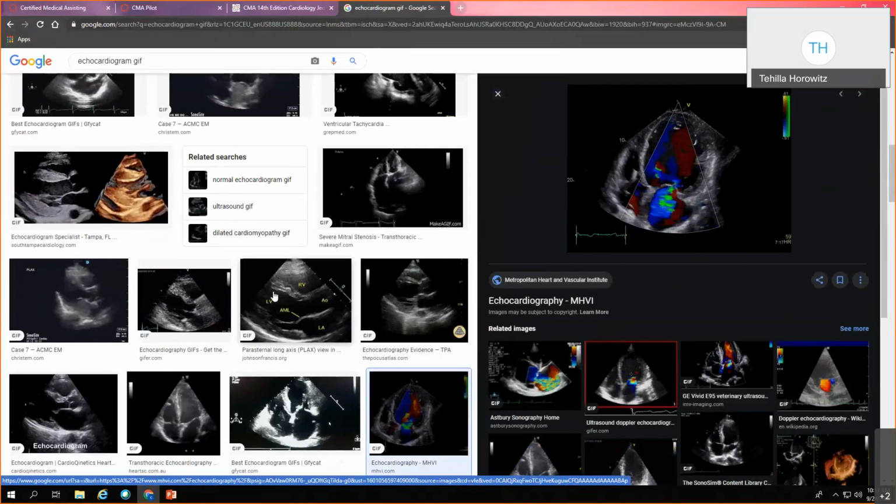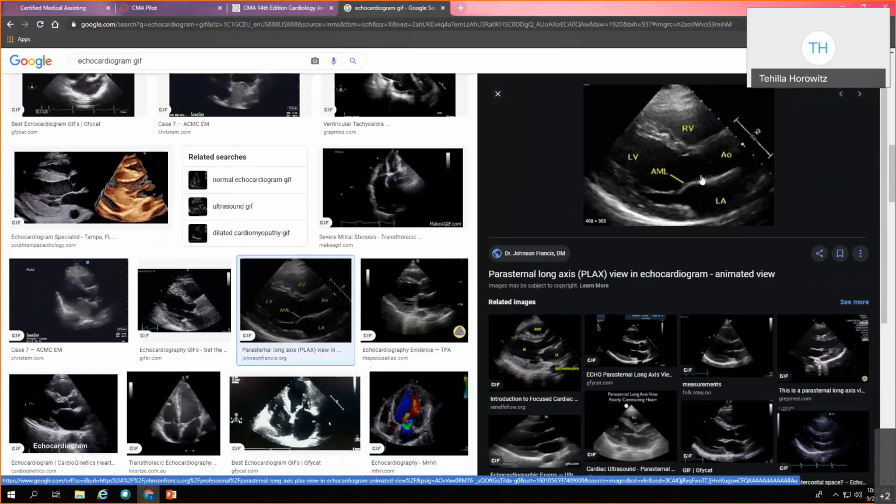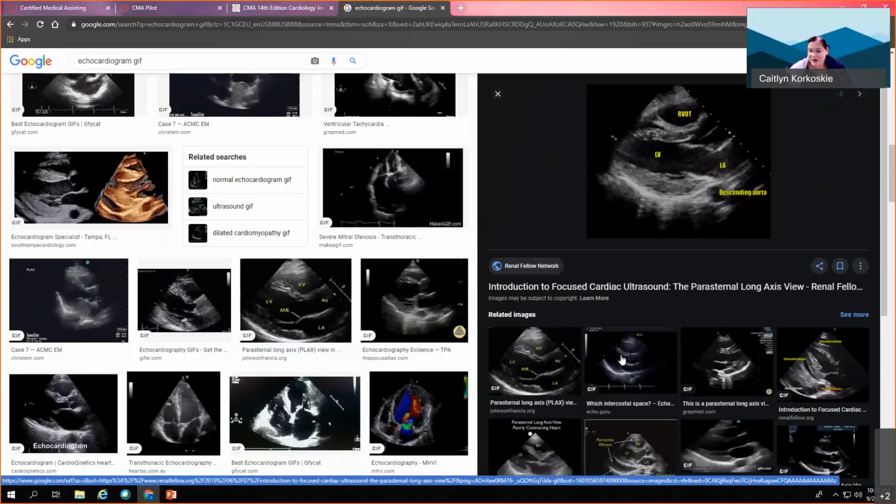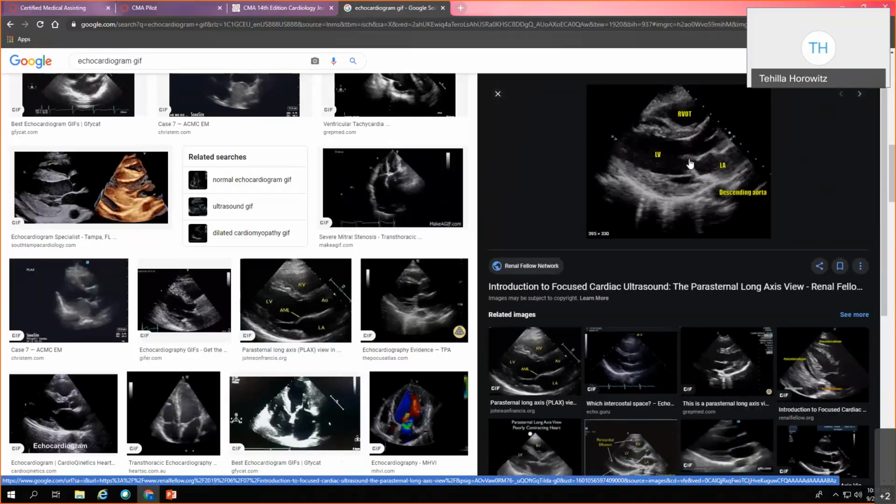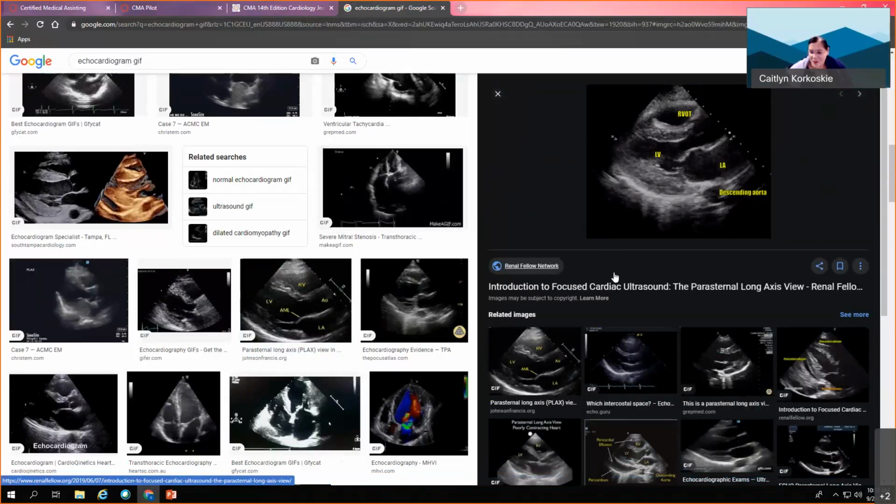But yeah, this is a picture too of the different valves in your heart as well. So is that how they do the baby scans or whatever they call them? Yeah, the ultrasounds. Those are the valves opening and closing.